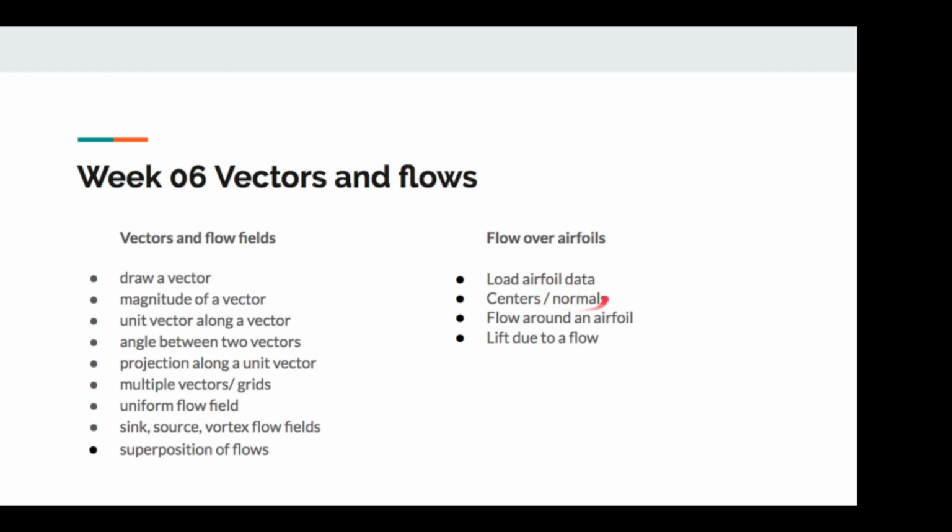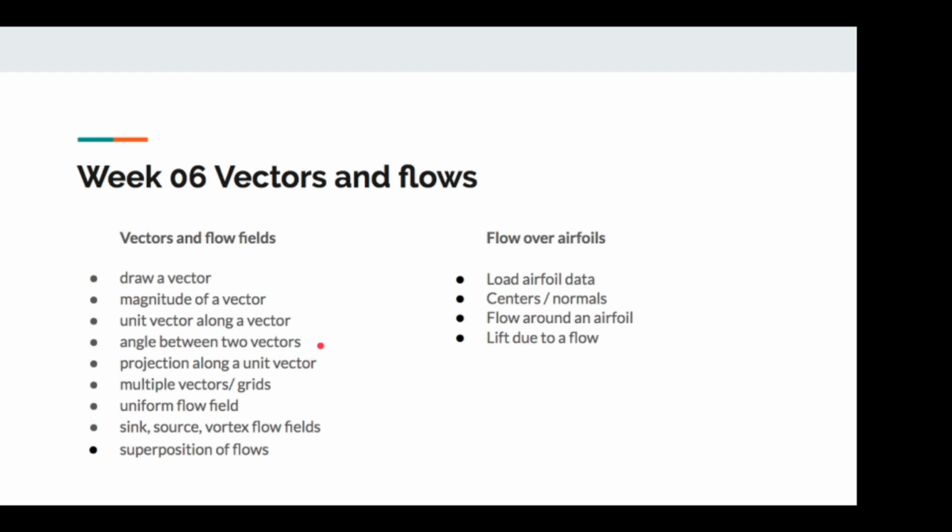So, in order to do this, in the last videos we have covered quite a bit. I showed you how to draw a vector, how to get the magnitude of a vector, the unit vector along a vector, how to find angles between vectors, and I discussed the projection of a vector along a unit vector.